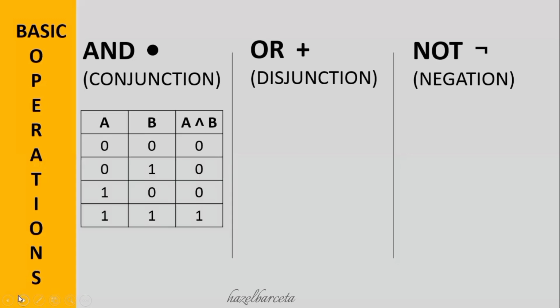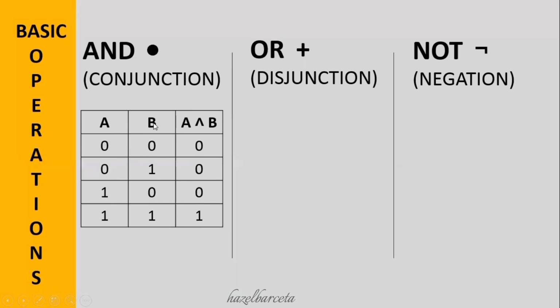Ayan. Ang tawag po dito ay truth table. Ito pong A at B ang inputs at ito naman po ang ating output. We have two variables. That is why we have 4 rows. Yes po.